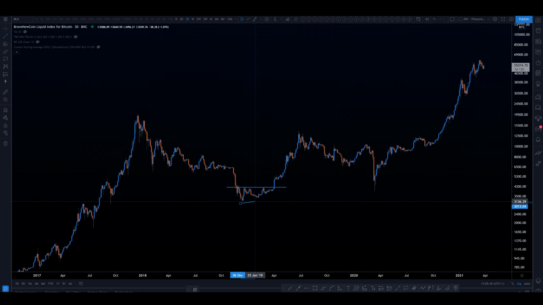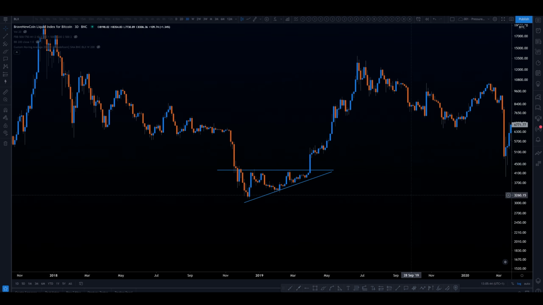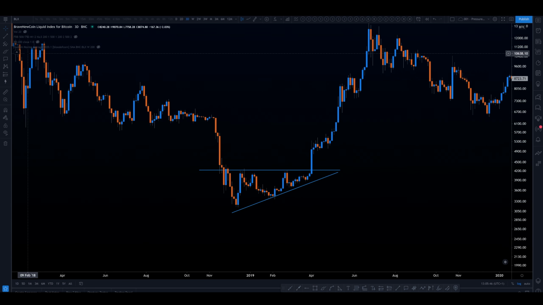I'm just going to draw it as an ascending triangle. So you could say, hey, it's the same situation. It's on a higher time frame, not that tiny, but it's basically the same premise we're talking about here.